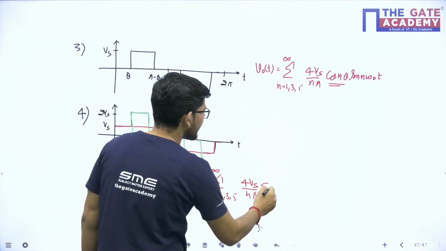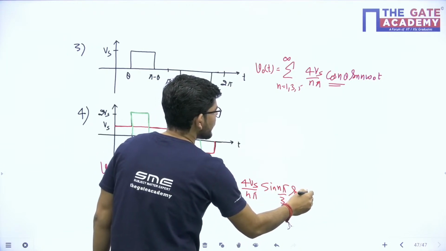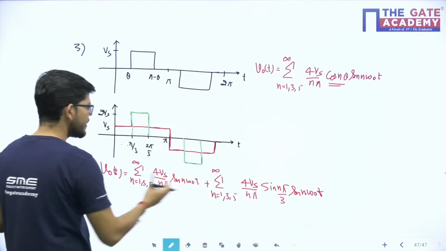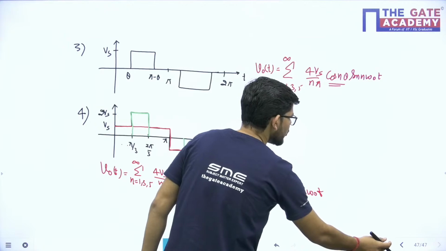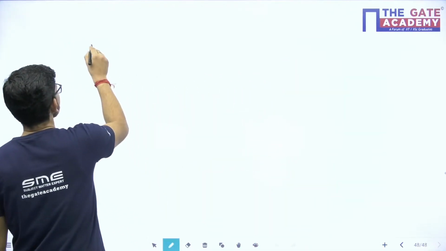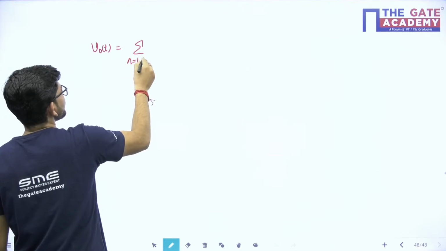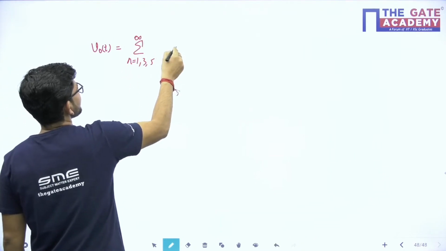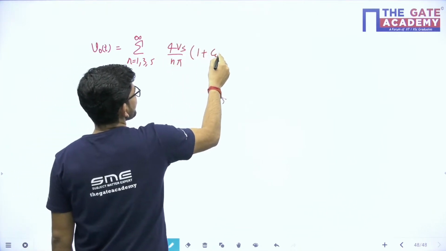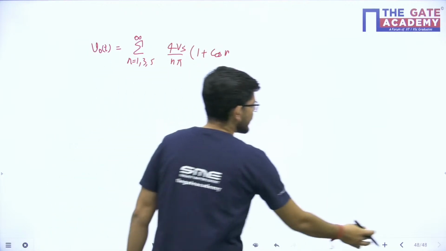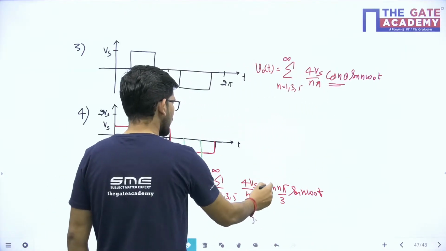The resultant will be the sum of both of them. So V naught t equals the summation for n equals 1, 3, 5 to infinity of 4 Vs upon n pi times (1 plus cos n pi by 3). Why did I write sin here? It will be cos here.